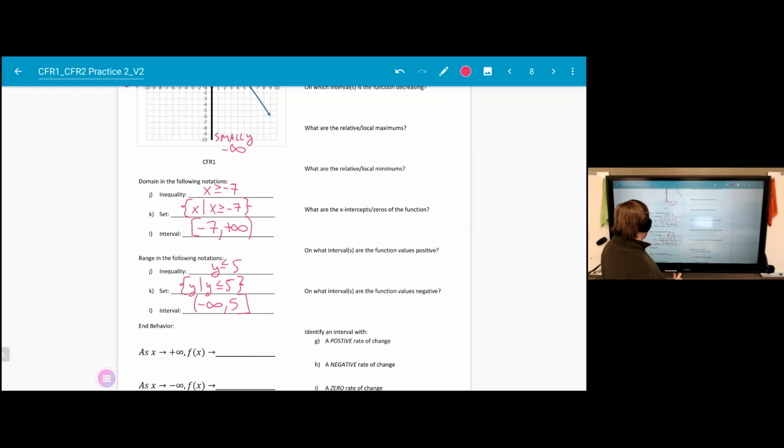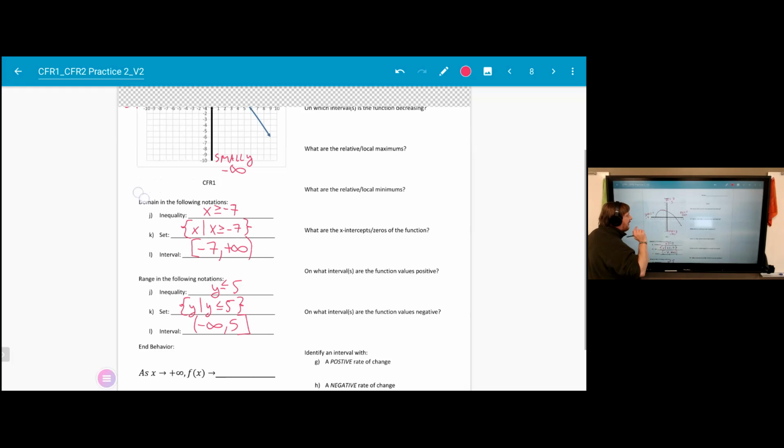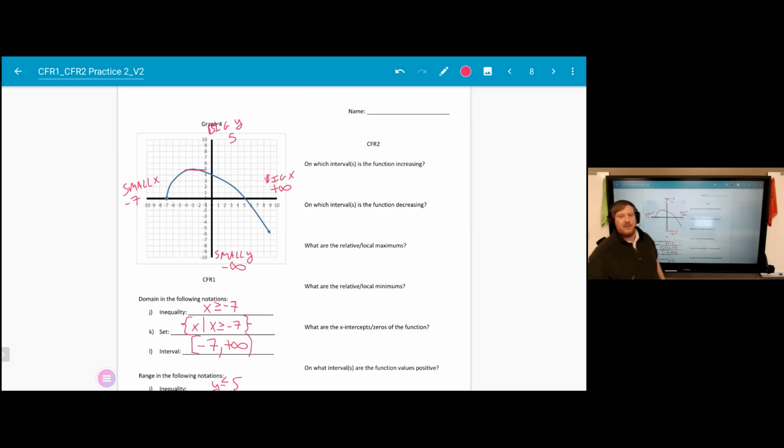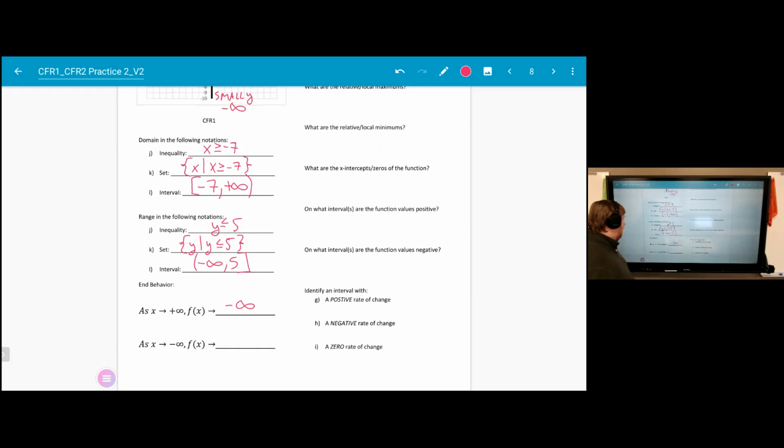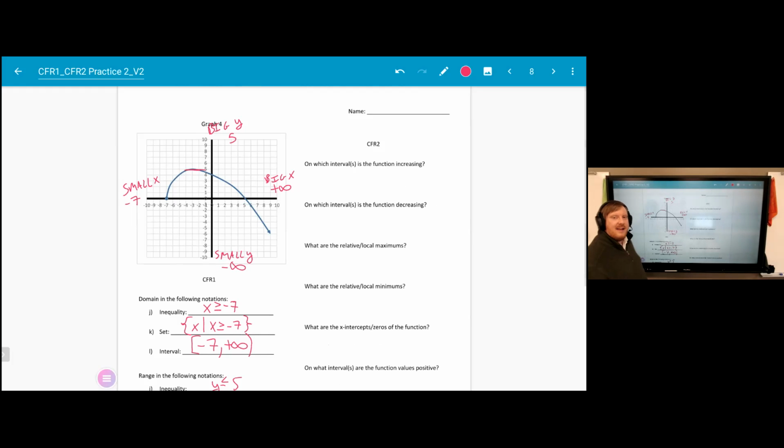Now we get to the fun part. As x goes to positive infinity, in other words, look at the arrow on the right if there is an arrow on the right. Since there is an arrow on the right, where does it point? It points down. It is negative infinity. As x goes to negative infinity, so let's look at the arrow on the left.